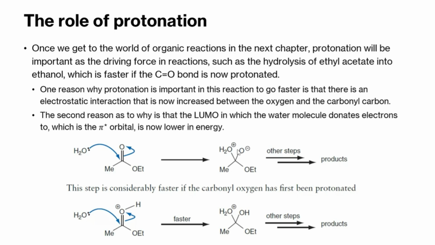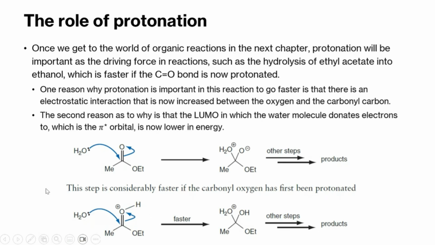Now let's go over the role of protonation in reactions. Especially in organic reactions, protonation, or these acids, can serve as a catalyst for these reactions to happen. Take for example the hydrolysis of ethyl acetate into ethanol, which is faster if the initial C=O bond is protonated.